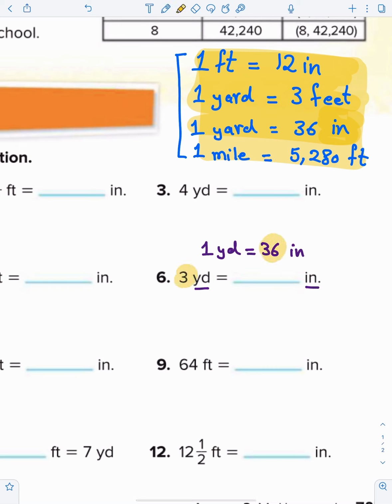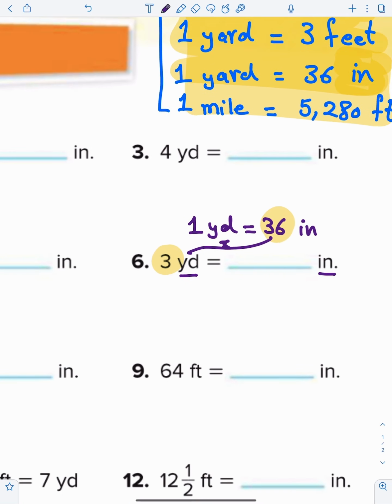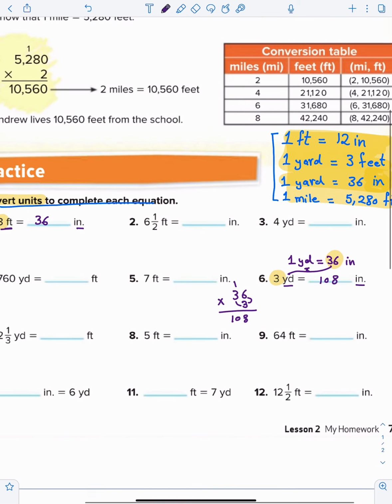We said we always need to multiply. So let's do that. 36 multiplied by 3. 3 times 6 is 18, so 8 down, 1 up. 3 times 3 is 9, plus 1 is 10, so 108. So 3 yards is equal to 108 inches.